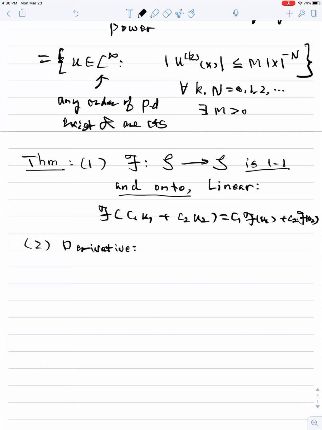This property is quite similar to what we learned for the Laplace transform in the previous section. The Fourier transform of a kth order derivative can be computed by just multiplying by (ic) to the kth power times the Fourier transform. Here u hat is another notation for the Fourier transform.